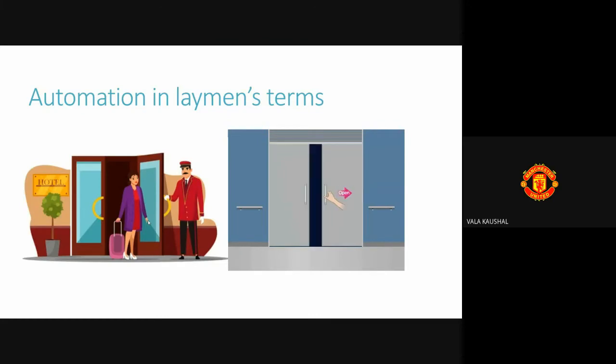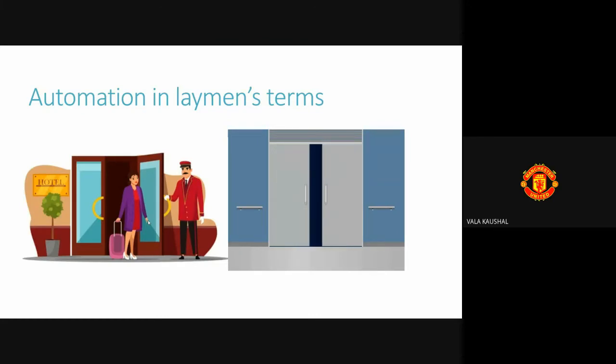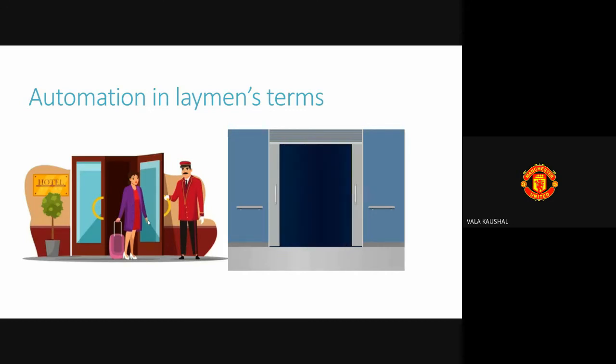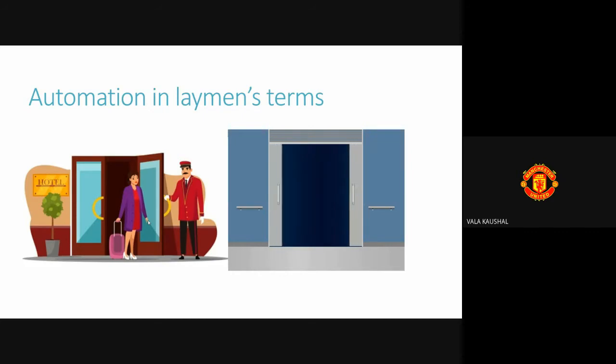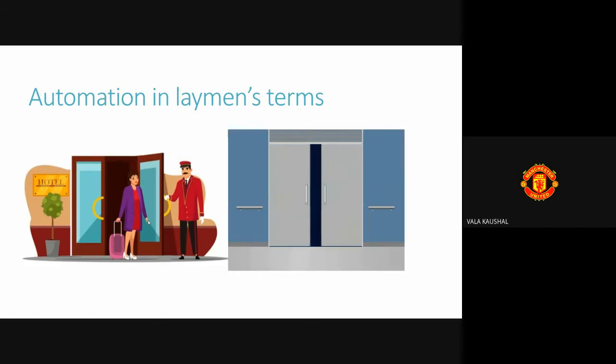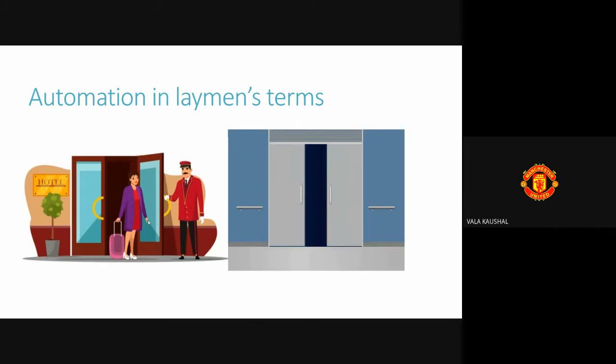Anyone can understand that the second image, or the second animation, is preferable. I would not say it is a good one, but it is preferable because first, there is no doorkeeper required for the second image. So obviously the energy, or the amount to be paid for the doorkeeper, is gone now.